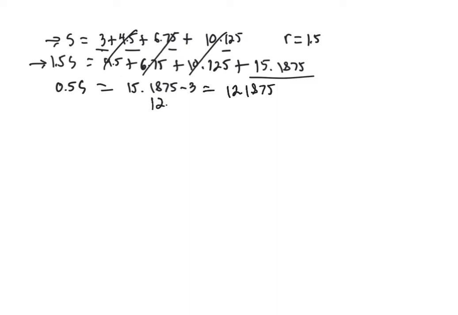So we end up with 12.1875 divided by 0.5, which is just going to end up being equal to 24.375.